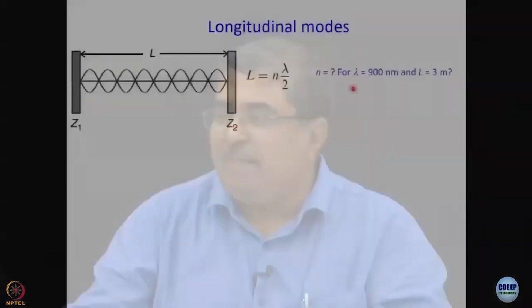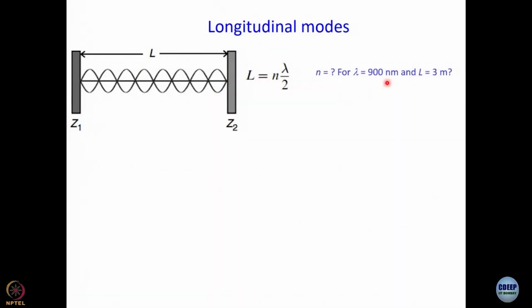So, we want to dispel that notion, that is why we have to once again get a sense of numbers in this business. So, my question is, for lambda equal to 900 nanometer and L equal to 3 meter, this is a rough number that I am using here, what is the value of n? Can you calculate?